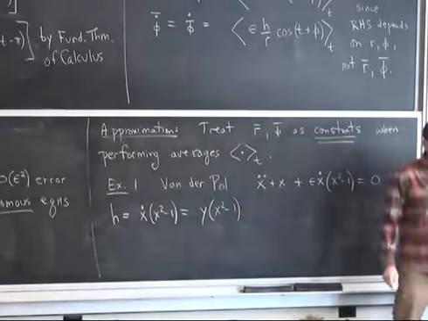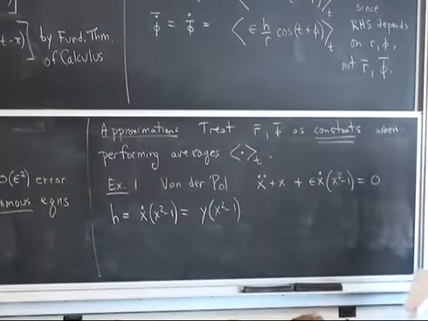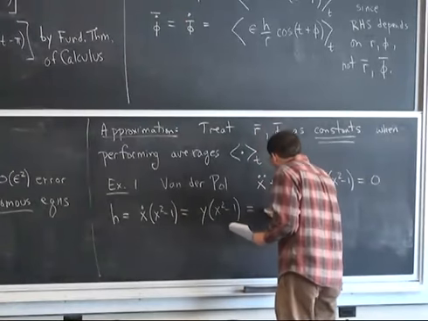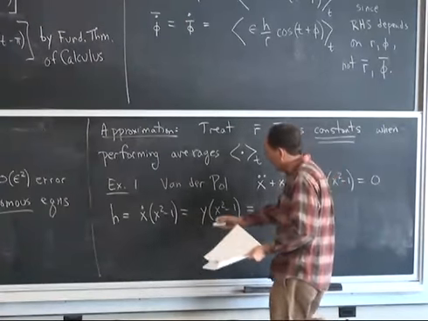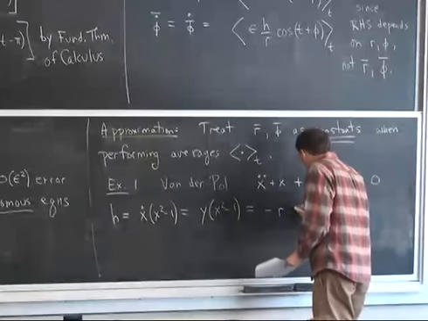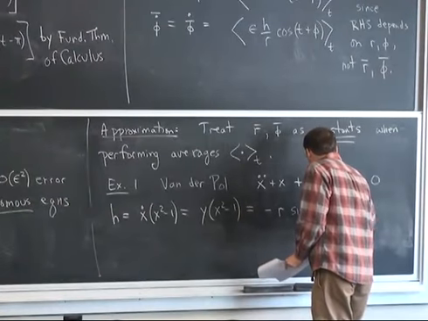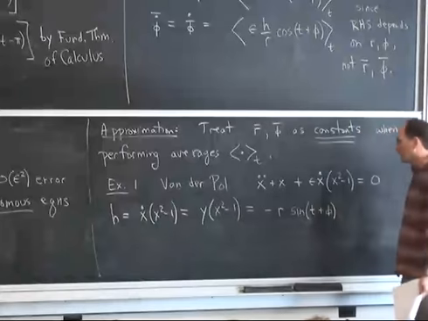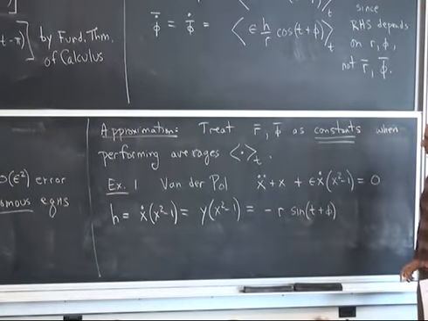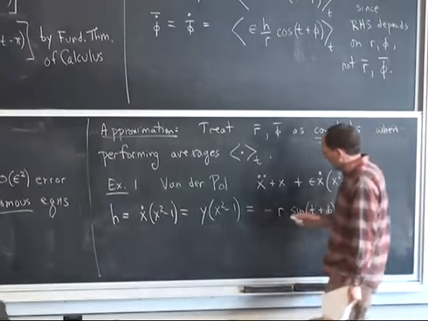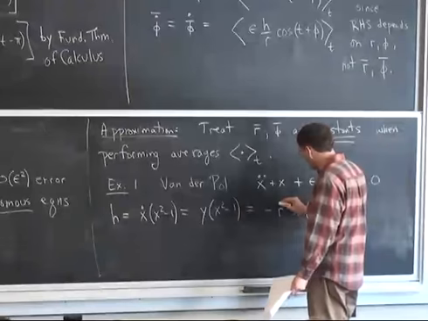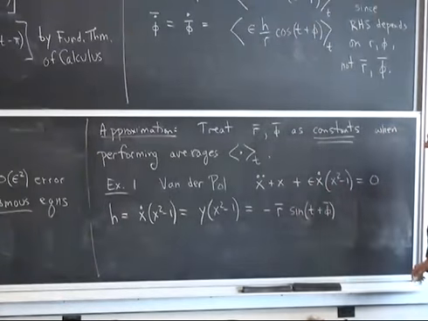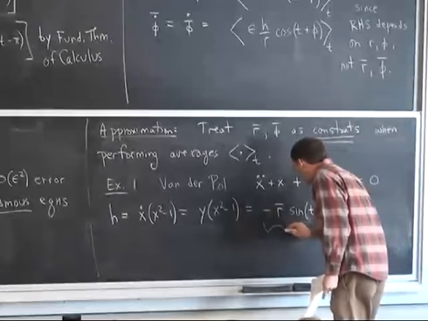And then remember our R and phi definitions. So the y would become minus R bar. Well, actually, okay. So y is supposed to be minus R sine t plus phi. But because I want everything to be in terms of the barred quantities, and I said that R bar is effectively the same thing as R, I put a bar there, and I put a bar on the phi. So this term is y.